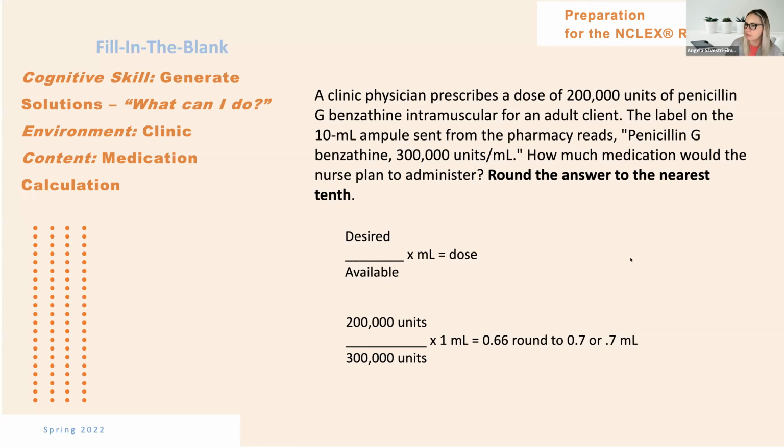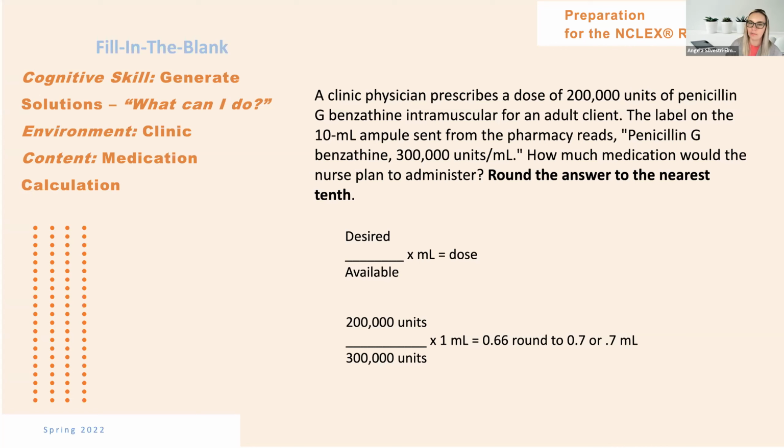And one thing I just want to mention about the dosage calculation questions is that you always need to think of this in the scenario. So you've got a dose of 0.7 mLs and you're planning to give it intramuscularly. So a good double check is, okay, is it realistic or feasible for me to give 0.7 mLs IM? And the answer to that is yes.